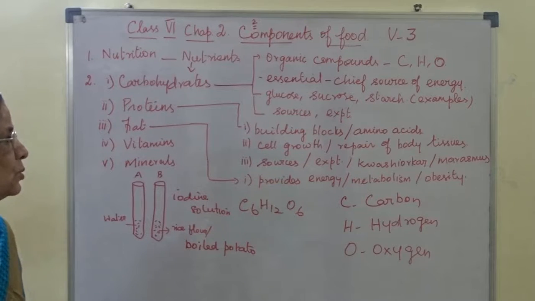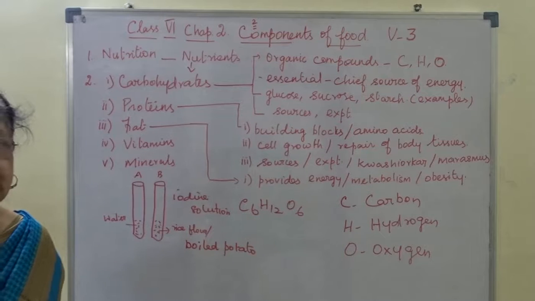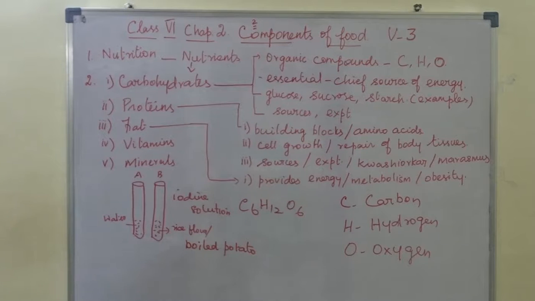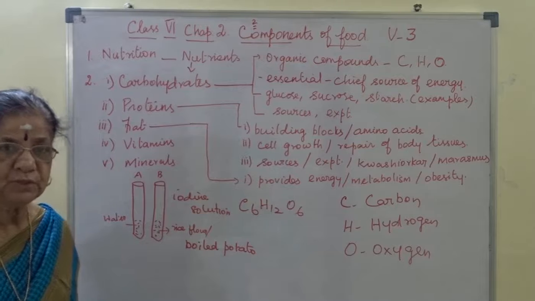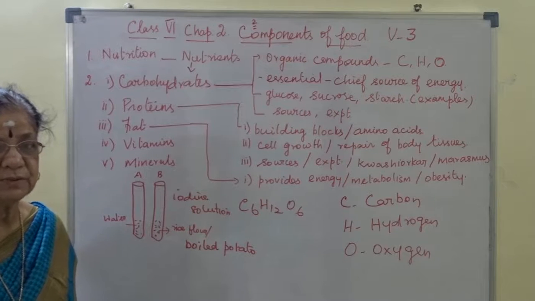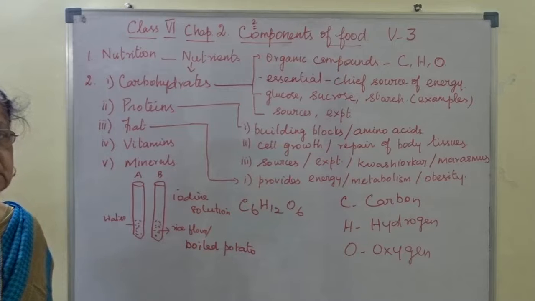And they are helpful in cell growth and repair of body tissues. What is the function? It helps in growth of the cell, multiplication of the cell and repair of body tissues.